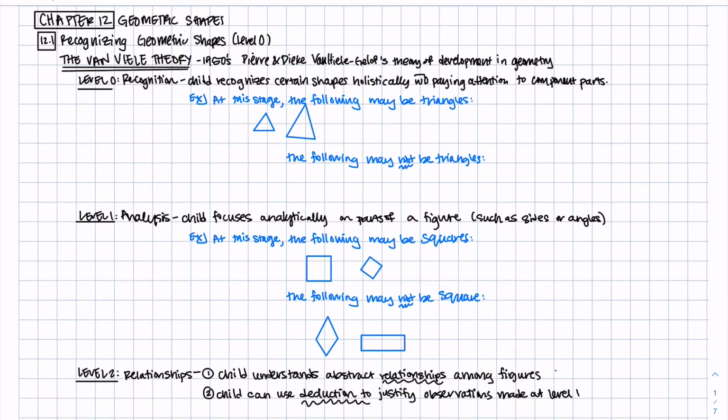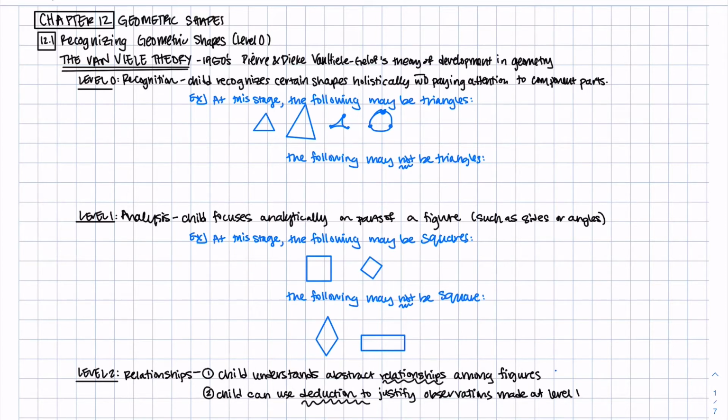But other things that could be considered triangles might be something that doesn't necessarily have straight sides, so it might have these weird convex or concave sides. Something like this has 3 sides, but they're not necessarily straight. So these all might be things that a child at this level would consider triangles, but these last two aren't actually triangles.